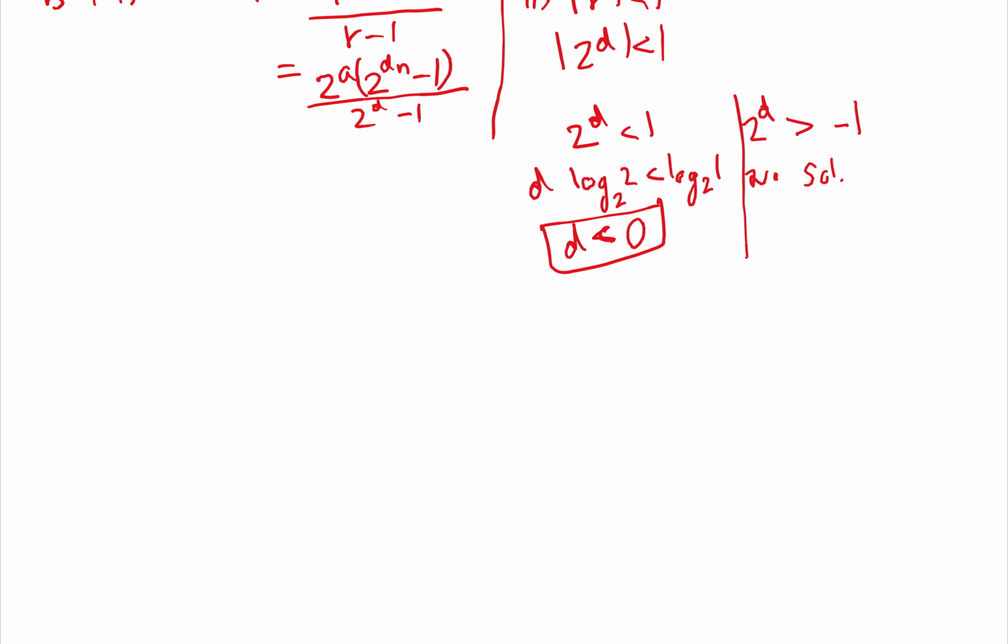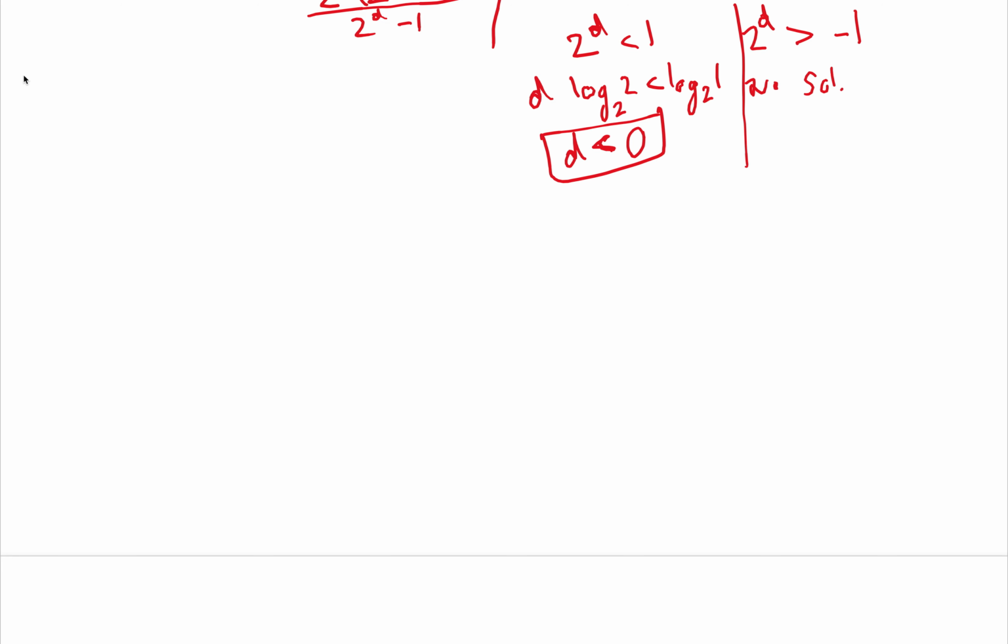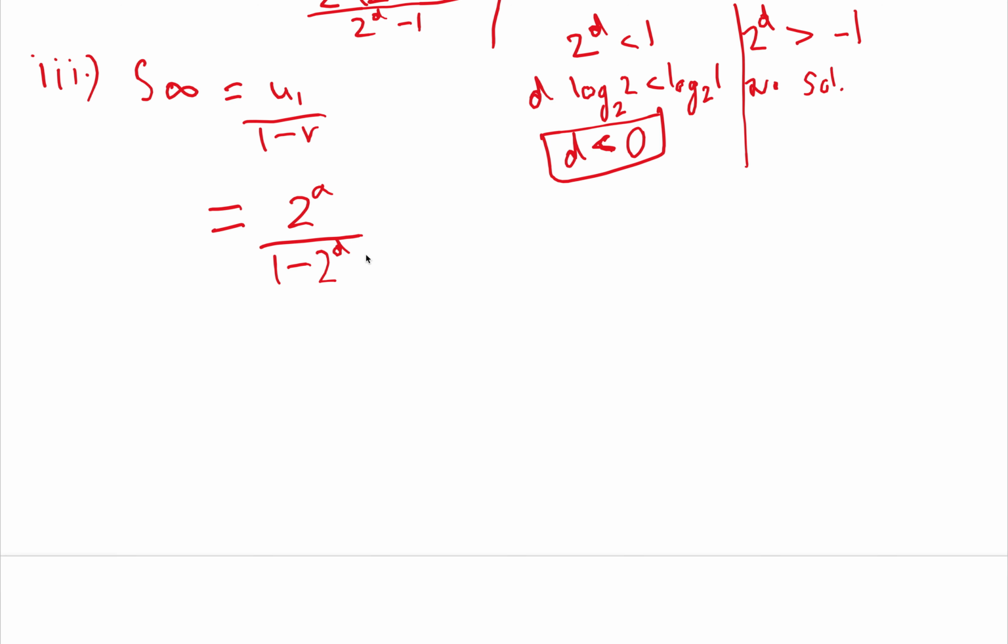The infinite sum of a sequence is given by the first term divided by 1 minus r. So we know that the first term is equal to 2 to the power of a, divided by 1 minus 2 to the power of d, and this is the answer to this part.